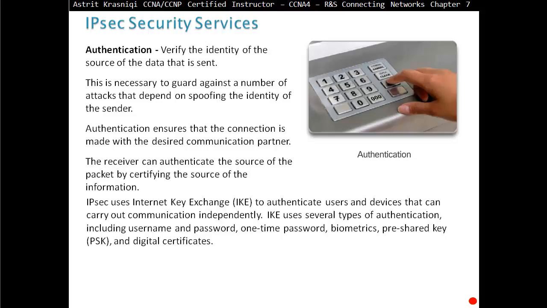IPsec uses Internet Key Exchange, or IKE, to authenticate users and devices that can carry out communication independently. IKE uses several types of authentication, including username and password. We have one-time password, biometrics, pre-shared key, and digital certificates.